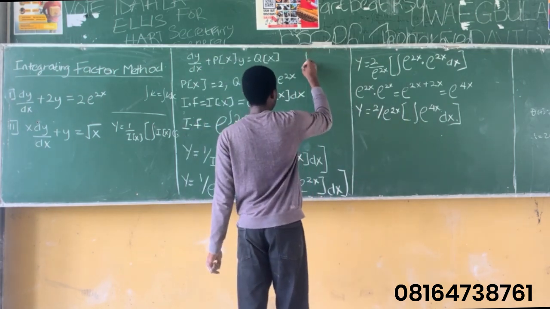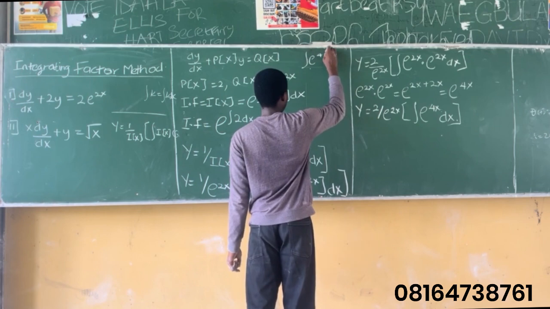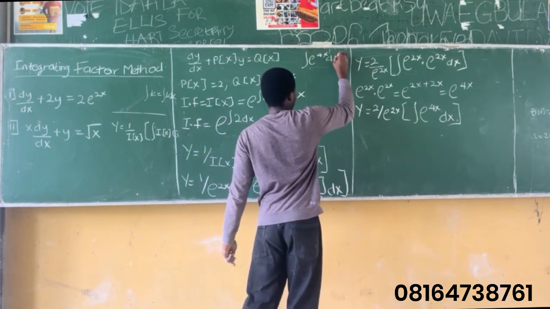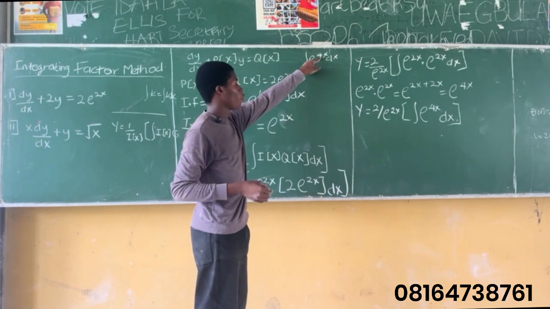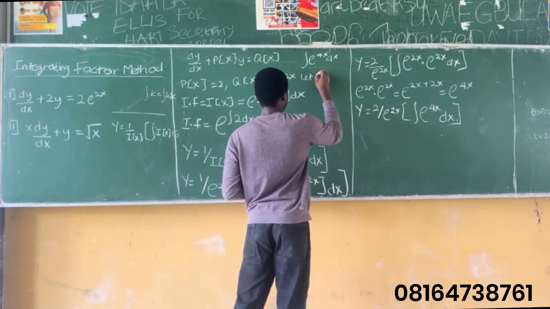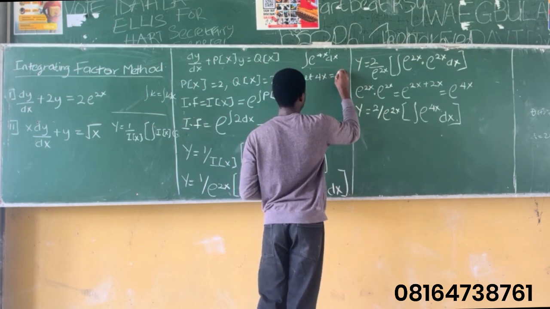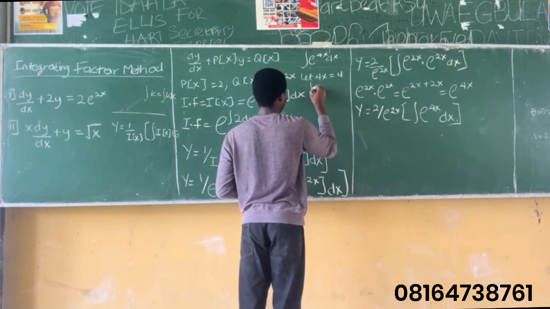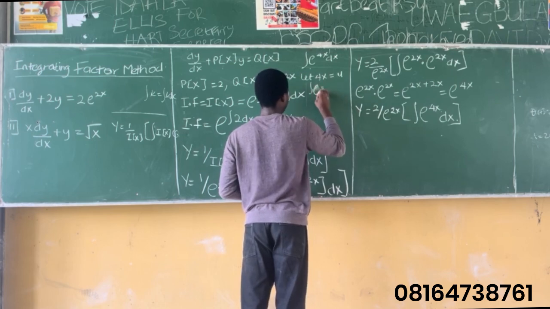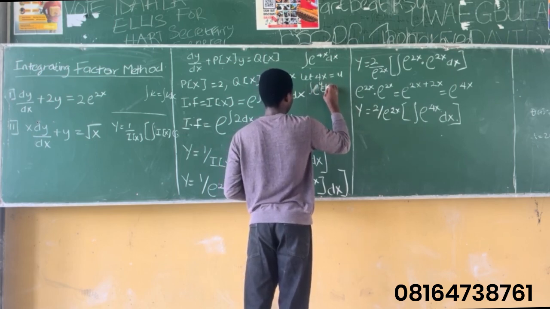So if you have e raised to the power 4x, you can call this, let 4x equal to u. So this is going to be the integral of e raised to the power u dx.